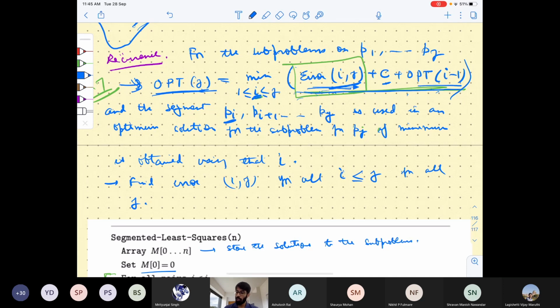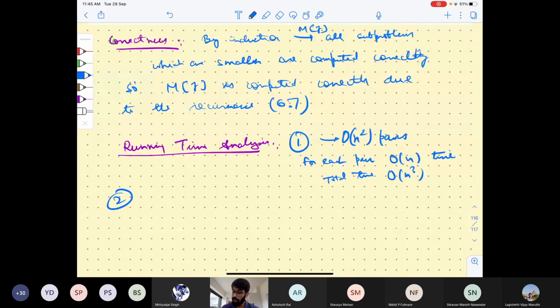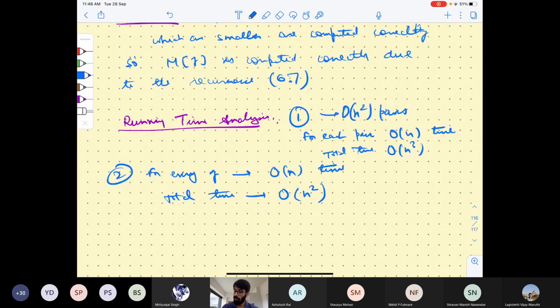So for every j, how much time will it take? Order n time, because j can be linear, right? So total time is order n square. So now total time for the algorithm is order n cube.